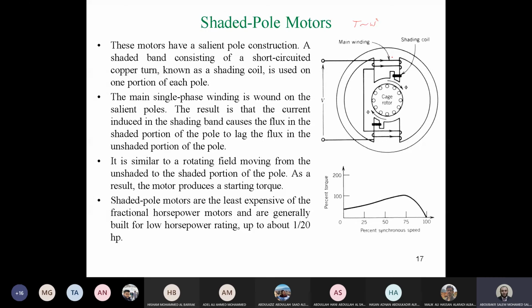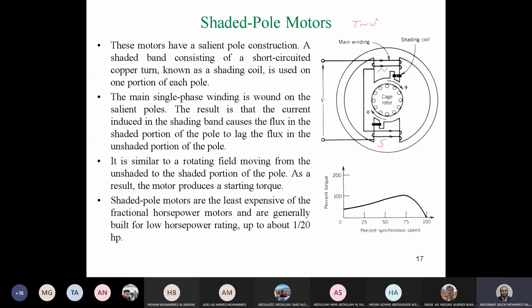Simply, when a flux is moving in the shaded pole, assume that this is N and that is S, so you will have moving flux here. The moving flux will cut this ring because it's wire or copper. So you will have an eddy current within this ring, and the current will make its own flux.